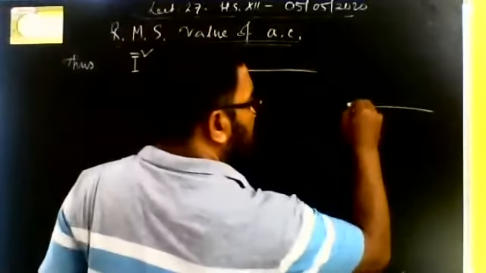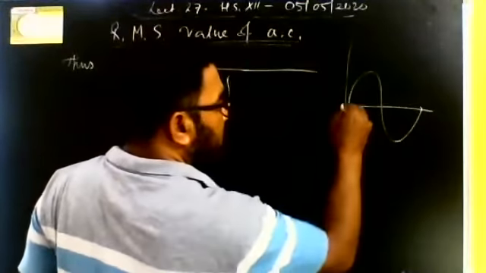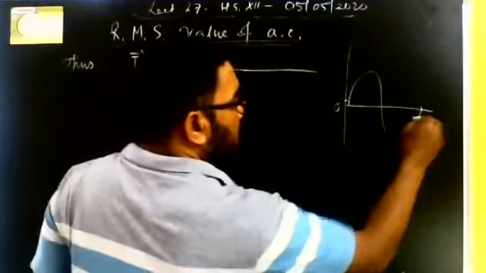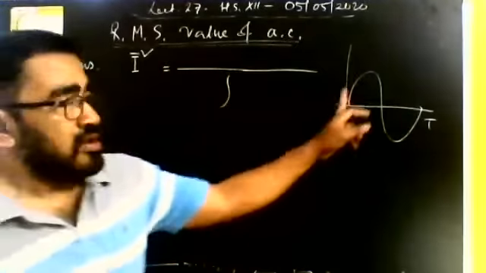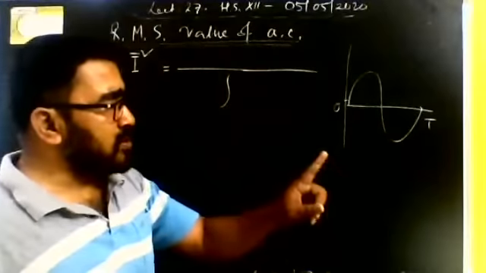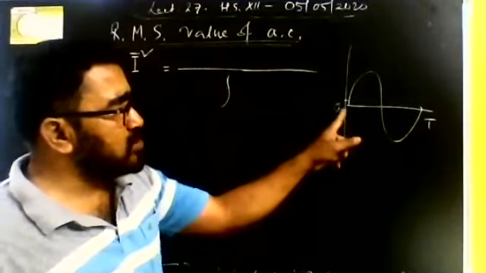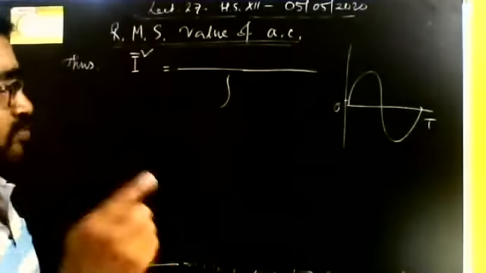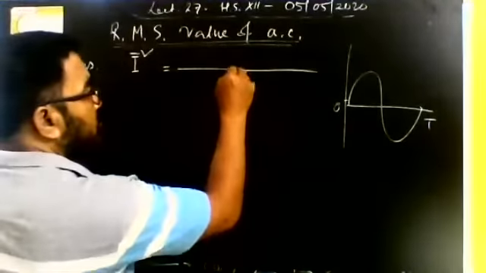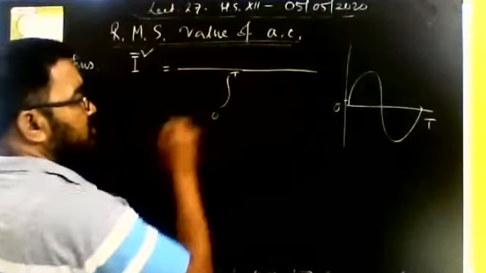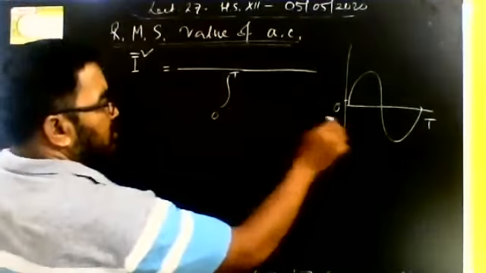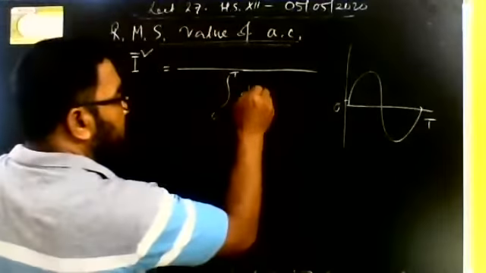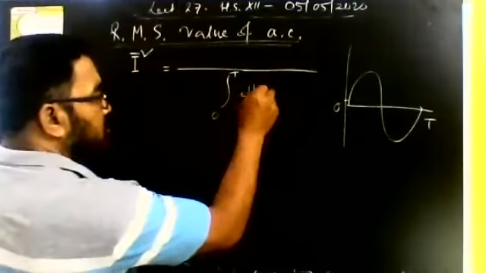So if you talk about a complete cycle, so this is a complete cycle. Then you have to take the range 0 to T, okay, not half cycle, 0 to T, then it is the total time dt.